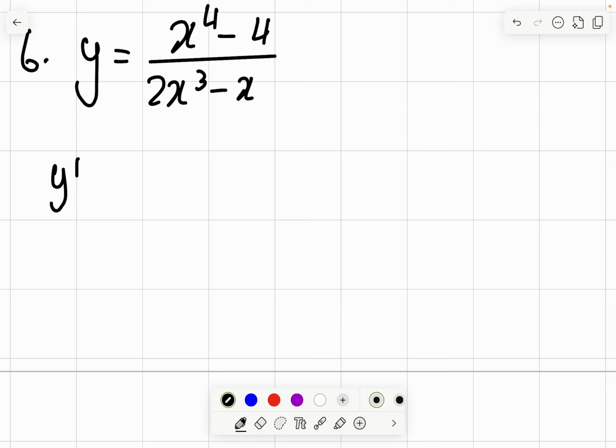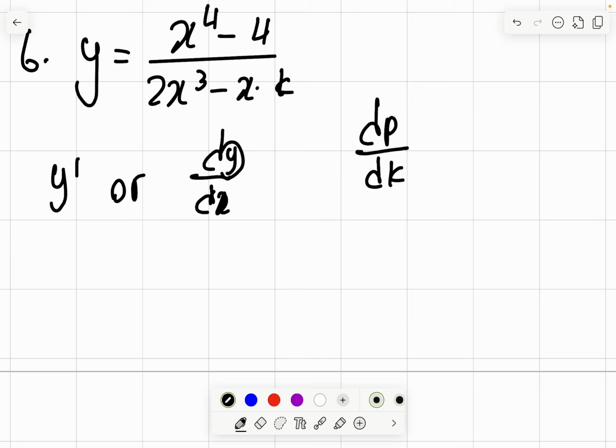You can say y prime, or you can say dy over dx, because you are deriving y with respect to x. If it was p, you would say dp over dk, if the variable is k. Understand?